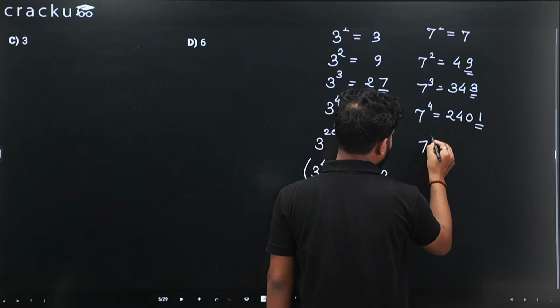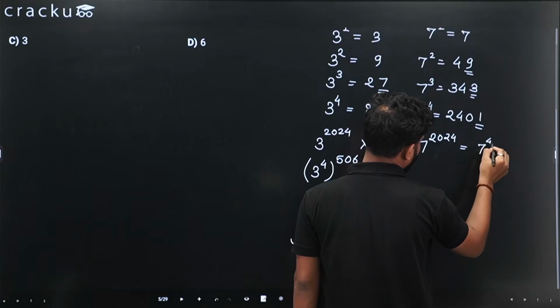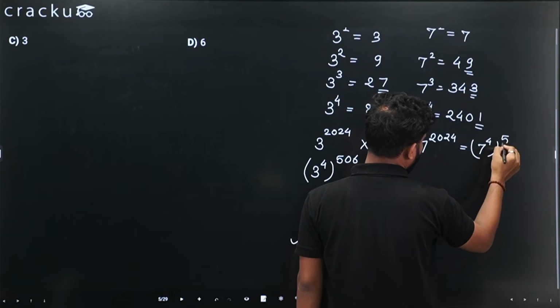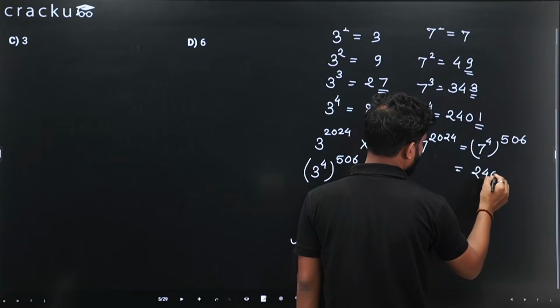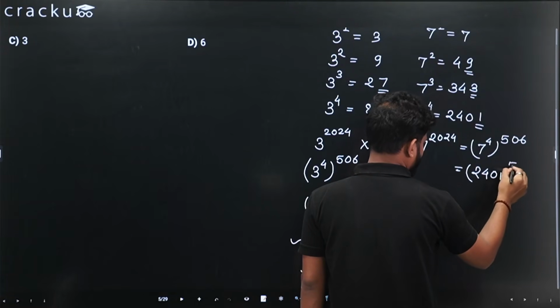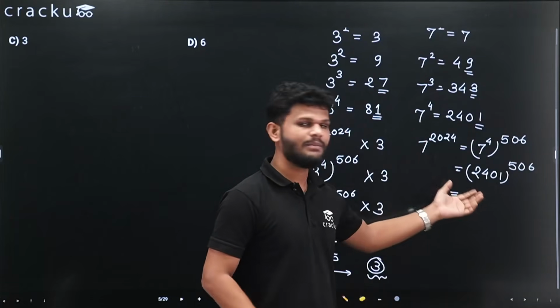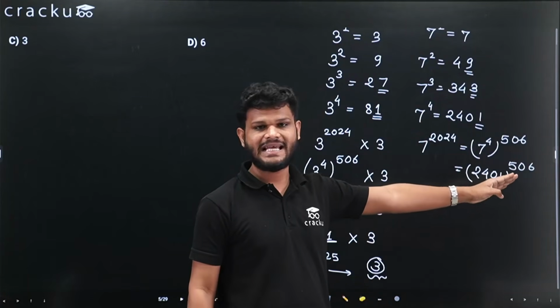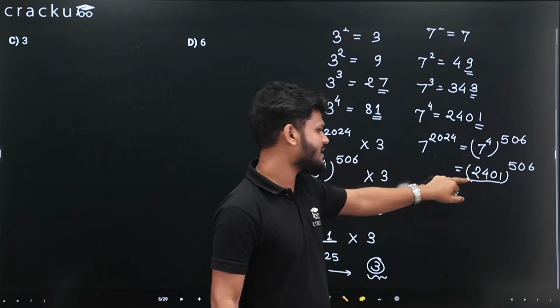Can I write 7 raised to 2024 as 7 raised to 4 raised to 506? 7 raised to 4 is nothing but 2401 raised to 506. Now, if you keep multiplying 2401 506 times, the unit digit will still be 1, because the unit digit of this number is itself 1.